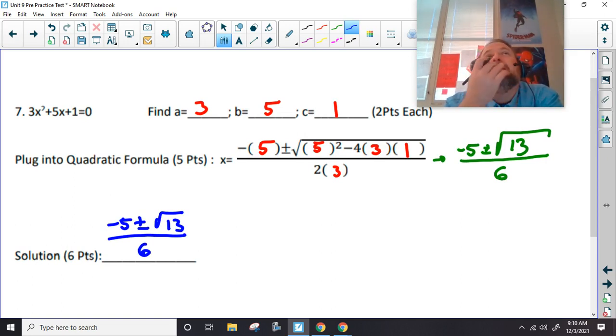So again, the main emphasis on these problems, even though they're worth so much, is actually setting them up correctly. It's not about you getting the right answer. It's about you knowing how to get to the answer. So let's say, for instance, if you do mess up on A, B, or C, that's where I'm going to count off.